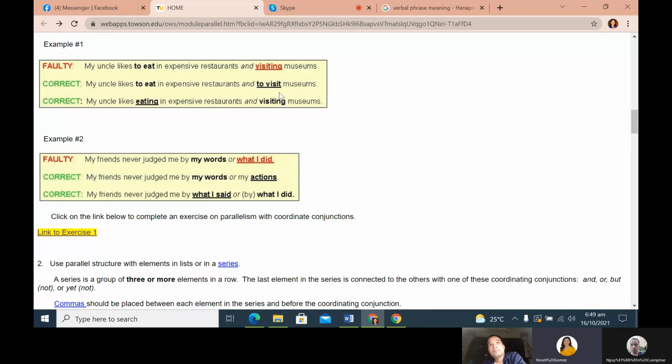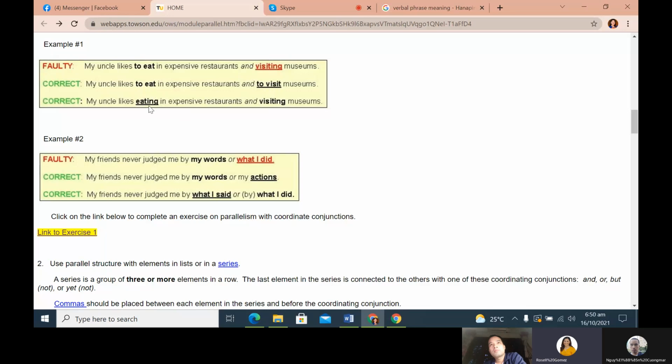Okay. So the very secret I can give you to construct parallel structure, meaning a grammatically correct sentence, is to make your verbs similar. If you are using the infinitive verb, make it similar.